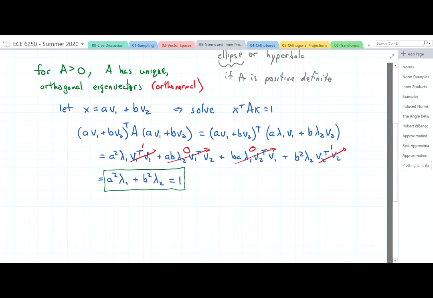So what does this tell us? Basically, what we have here is once again the equation for an ellipse. It's parameterized by independent variables a and b, and by lambda 1, lambda 2.